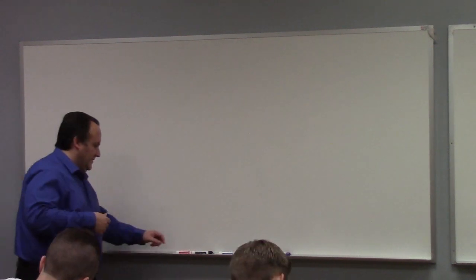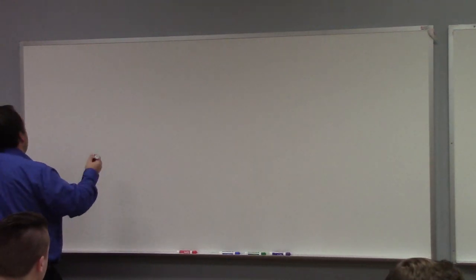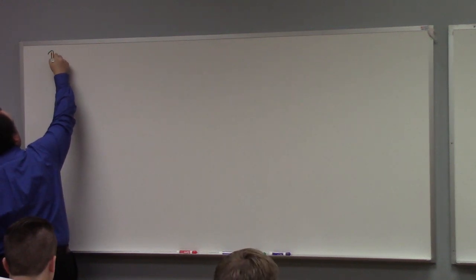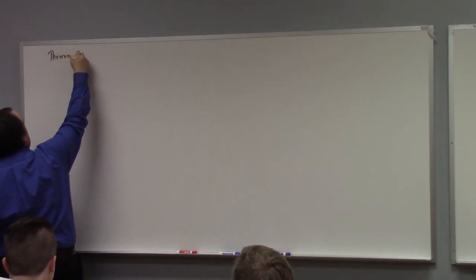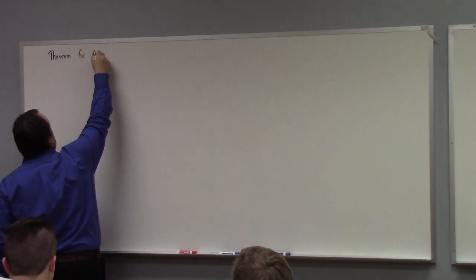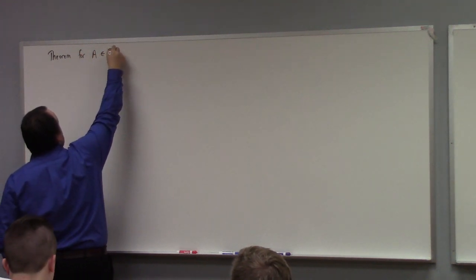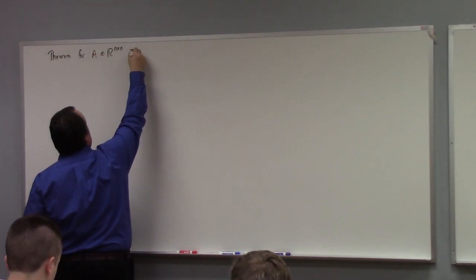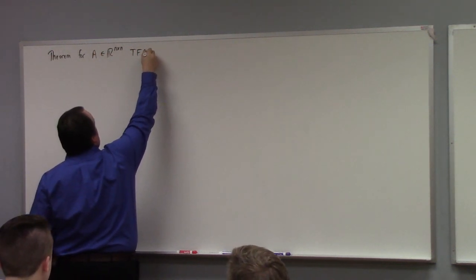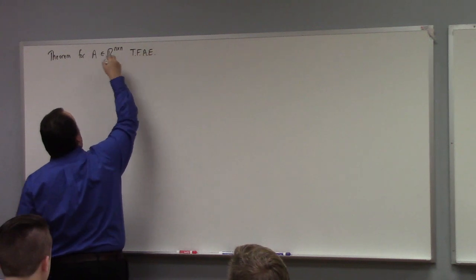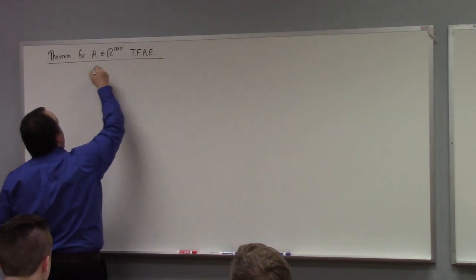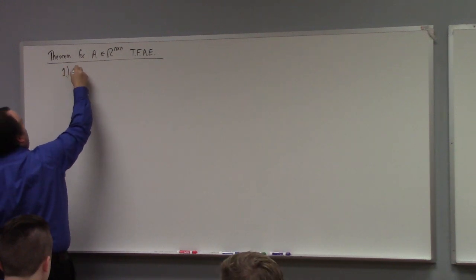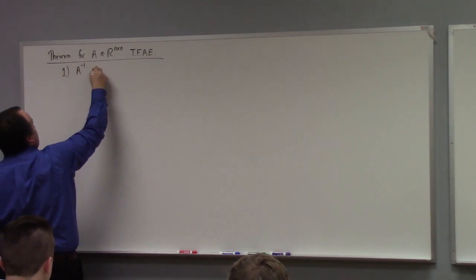So it's worth stating the theorem: for an n by n square matrix with real entries, the following are equivalent. Number one, A inverse exists.